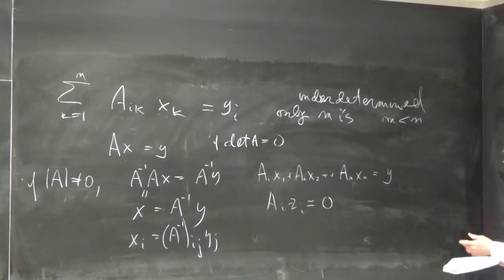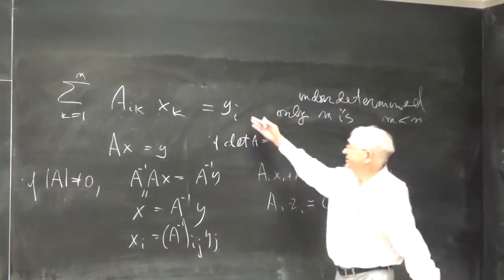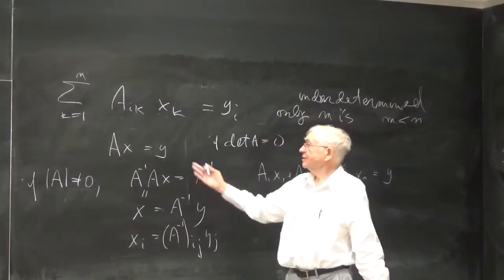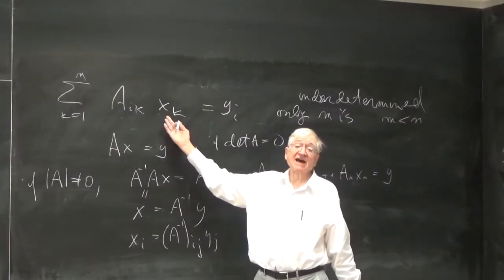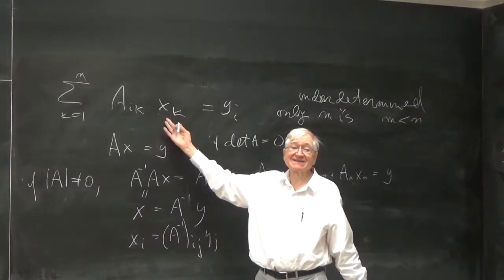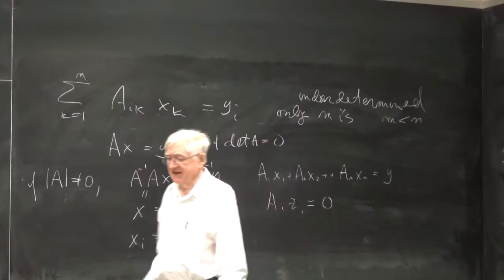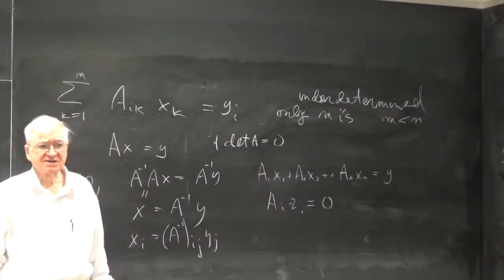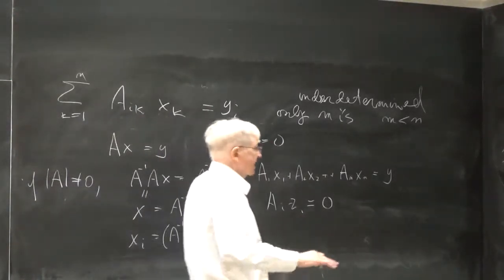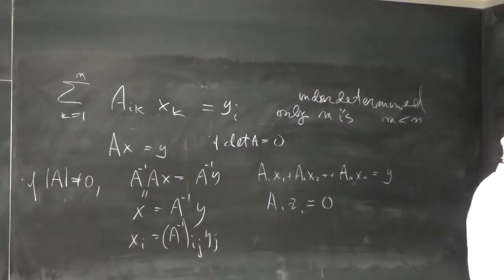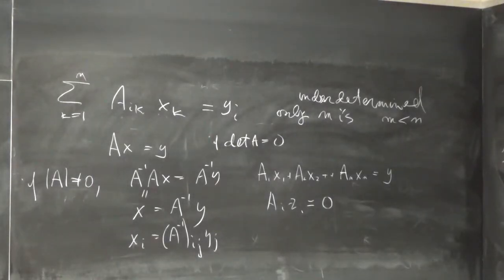The other situation is where you have lots of y's, but you only have n x's. So you don't have enough x's to get y. No matter what the matrix A is, it spans a subspace of the space Y, and so you can't get every vector there.